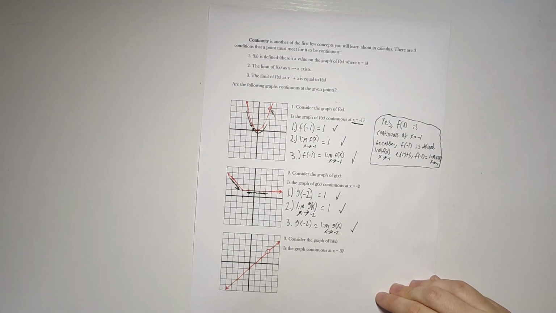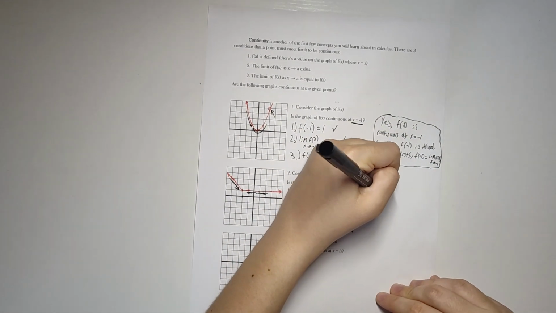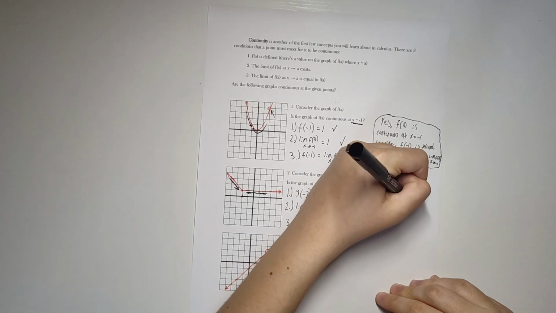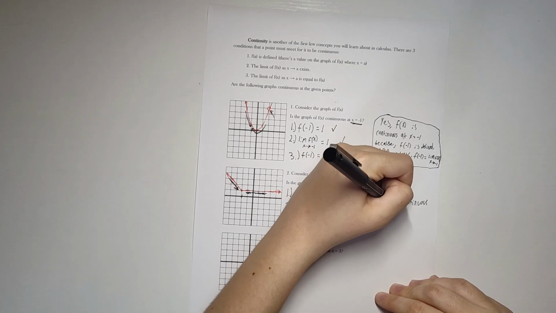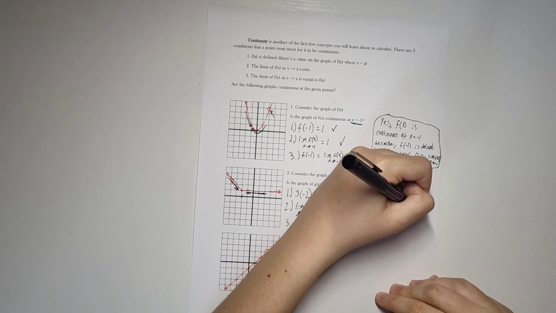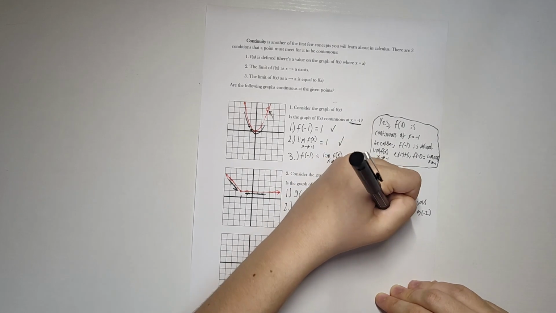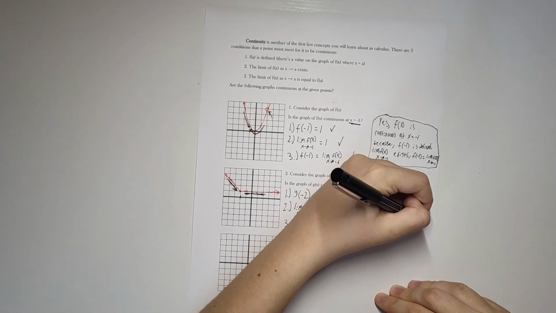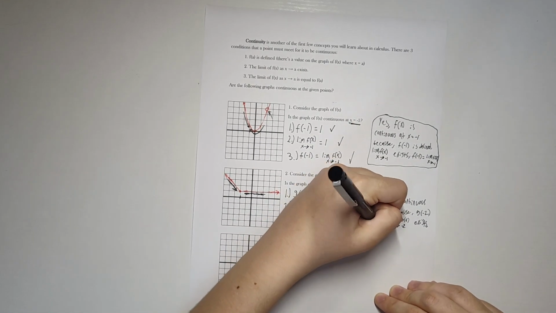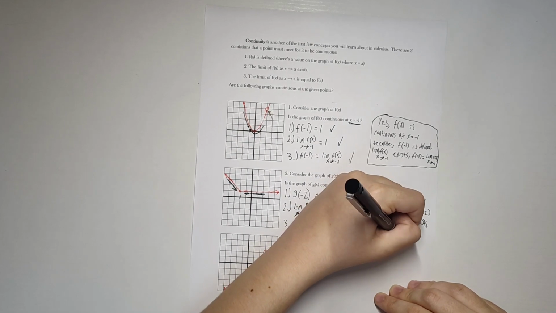So if this were a free response question, we would write, yes, g of x is continuous at x equals -2 because g of -2 is defined, the limit of g of x as x approaches -2 exists, and g of -2 equals the limit of g of x as x approaches negative 2.